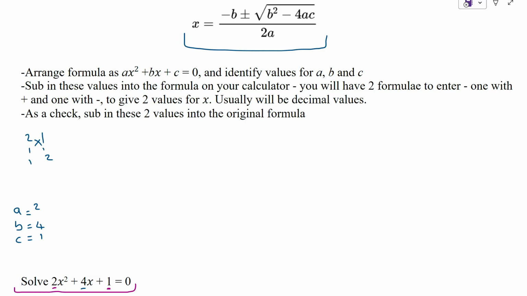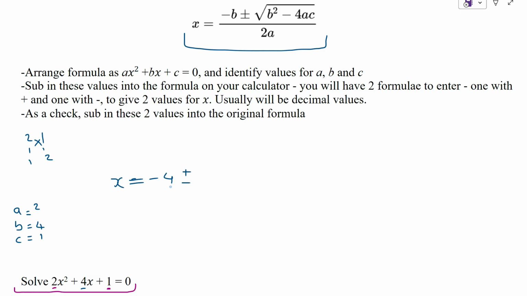So we've got our values for a, b, and c. Now let's sub these values into this formula, and we're going to use our calculator for this. So first let's write out the equation on here and then enter that into our calculator. So minus b, minus 4, plus or minus, and this is how we get two values for x, because it is a quadratic equation, meaning there are going to be two values for x.